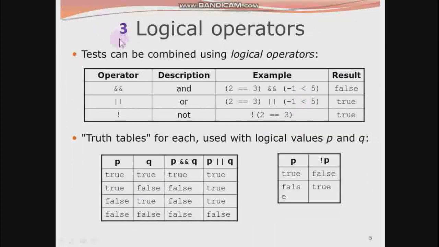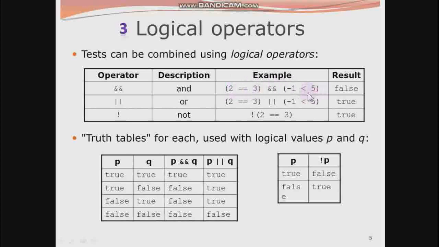And the next binary operator is logical operator, and there are three different logical operators: and, or, and not. How will these work? If we use here 2 is double equal to 3 and minus 1 is less than 5, this AND operator always checks the left side result and right side result.